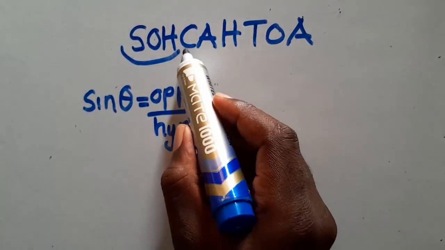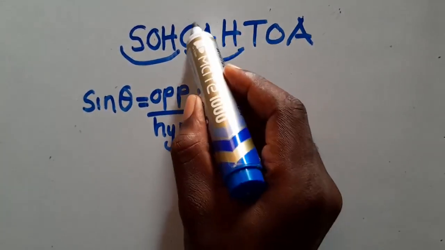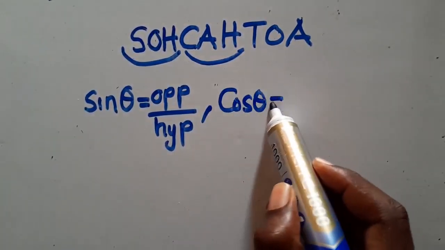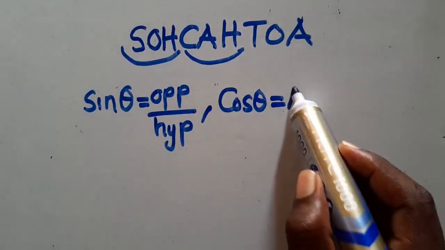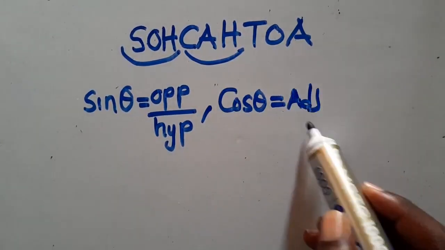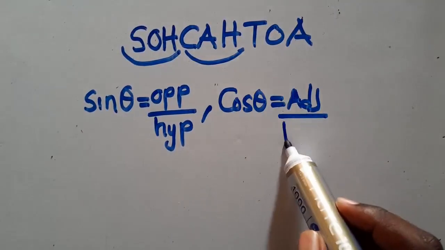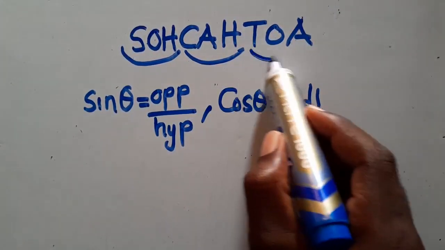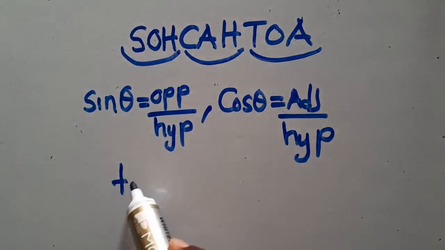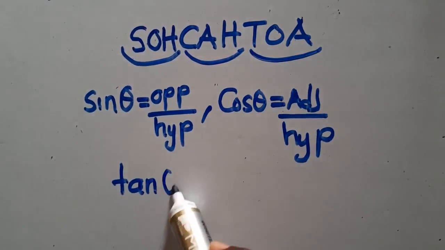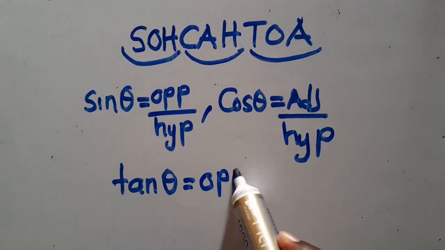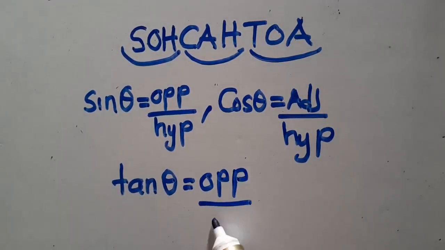Then the second 3 here, this is cos. So cos theta is equal to adjacent over hypotenuse. Have you seen the way I'm writing this? The last 3 there, that is tan. You can't say tan is equal to, you say tan theta is equal to opposite over adjacent.